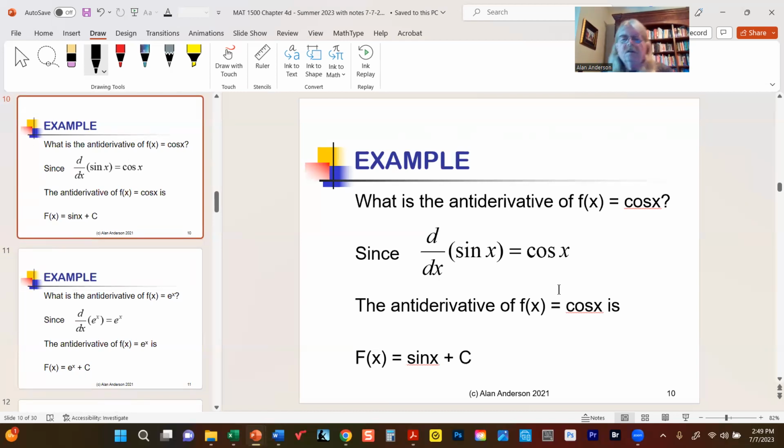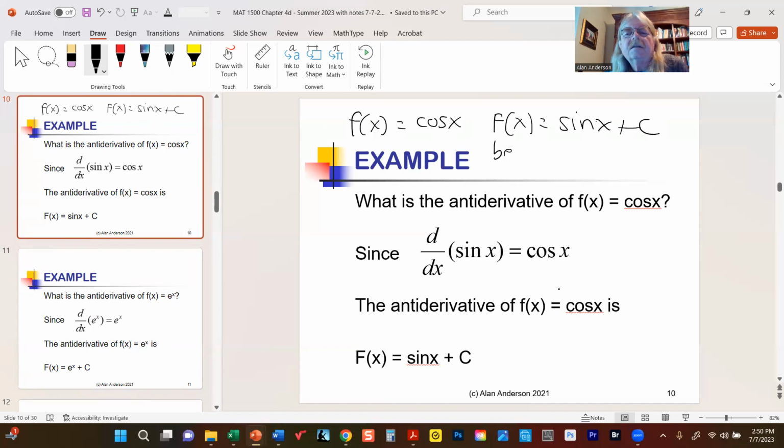Okay, here's a straightforward one. If I take the derivative of sine x, it gives me cosine x. Therefore, sine x must be the antiderivative of cosine x.